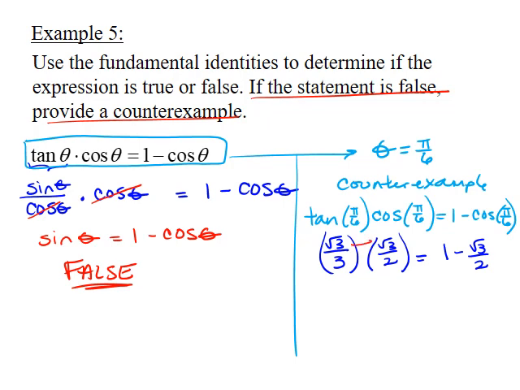On the left-hand side, I can multiply across the top and across the bottom to get 3/6, which reduces to 1/2. Does 1/2 equal 1 minus root 3 over 2? No, it does not. Since these are not equal, I have just shown my counterexample illustrating that this is not a true statement.